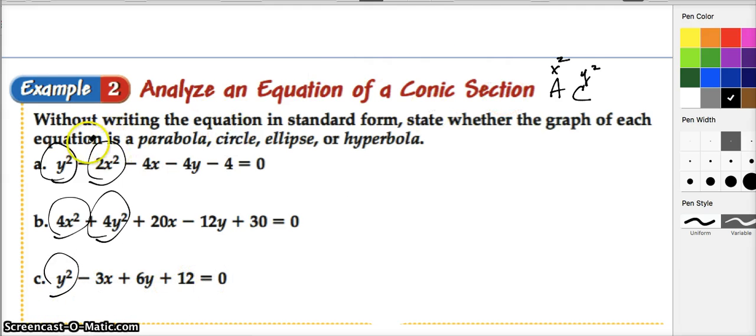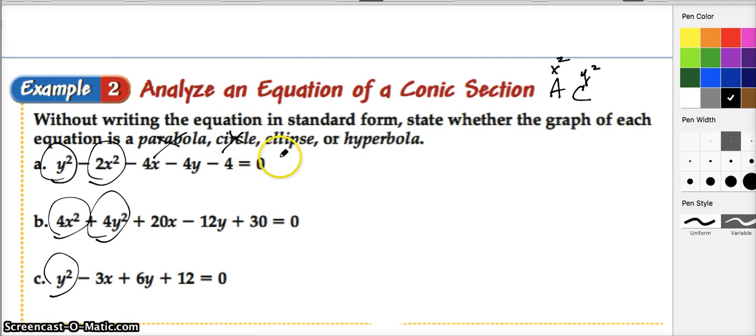Okay, so one thing that I know is that if A and C are equal, then we have a circle, and here we don't. If one A or one C is 0, then we have a parabola, which we don't, right? So it's not a parabola and it's not a circle.